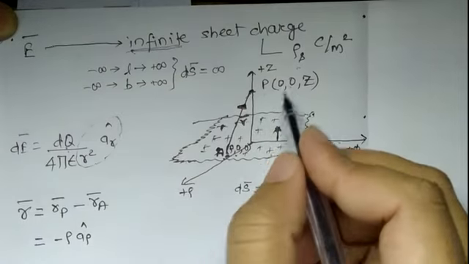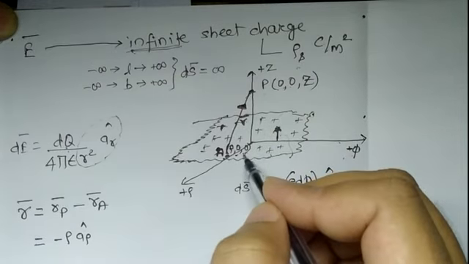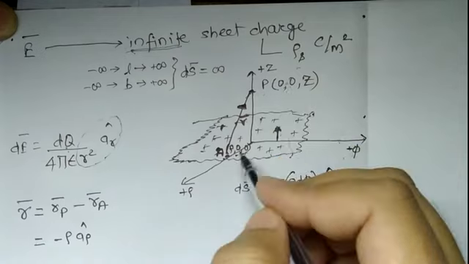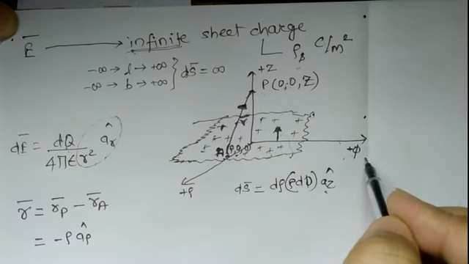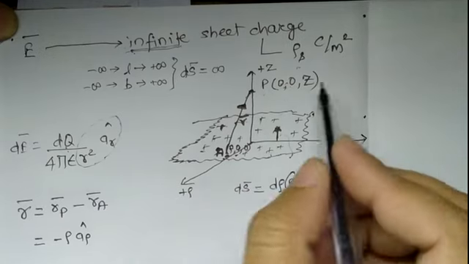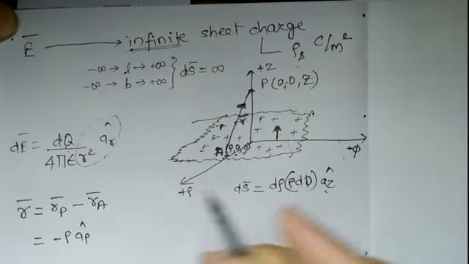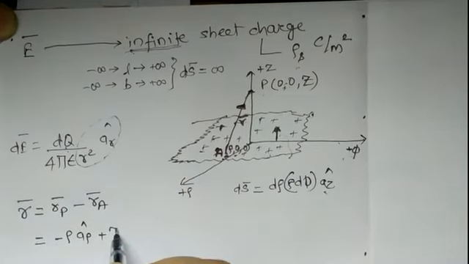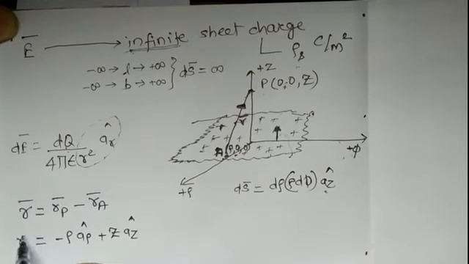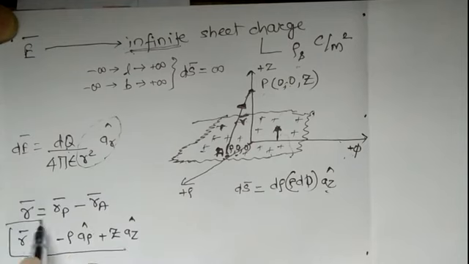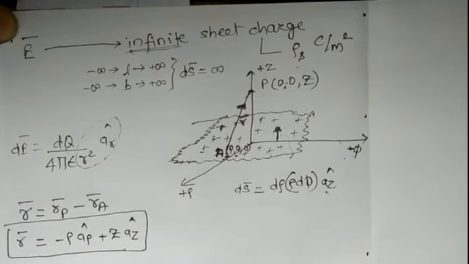Since the final value is equal to 0, I'm not writing this one. 0 minus 0 is equal to 0. Third value z minus 0, so it will be plus z into a z cap, and this will be the value of r bar.